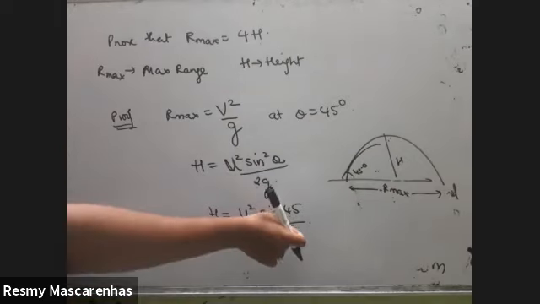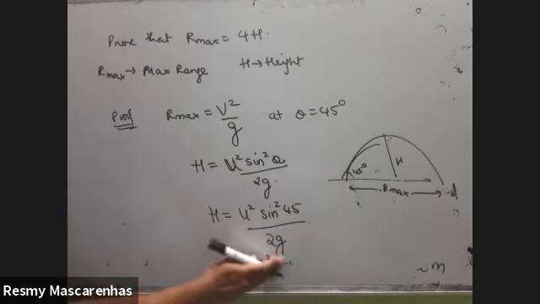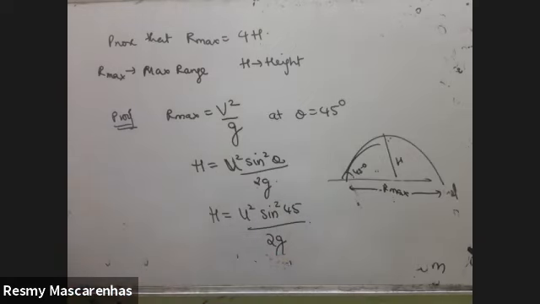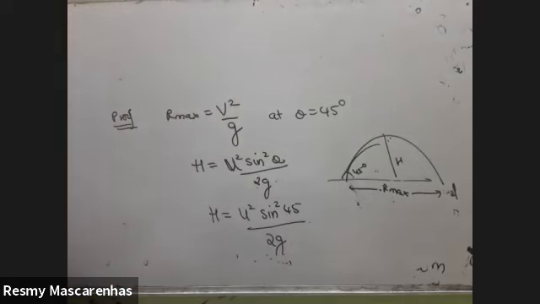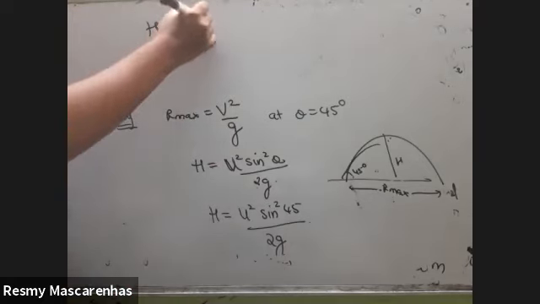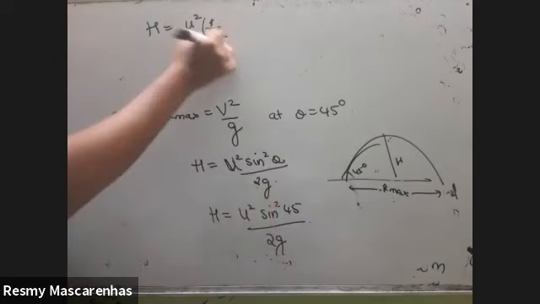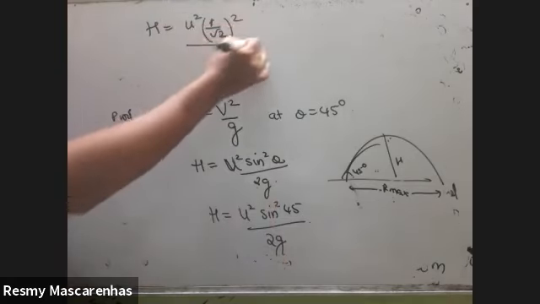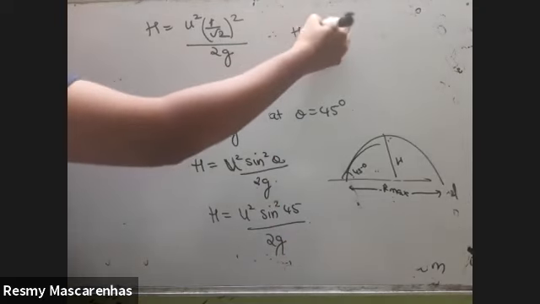Definitely sine 45 you know is nothing but 1 by root 2. So directly I'll write it here. Now there's a square term, so we have to write square. So what we'll get? Therefore h is equal to u square.